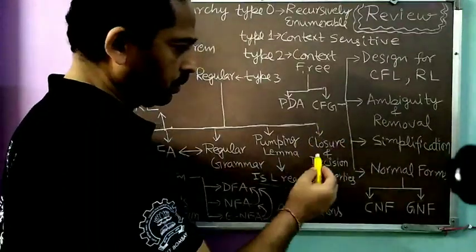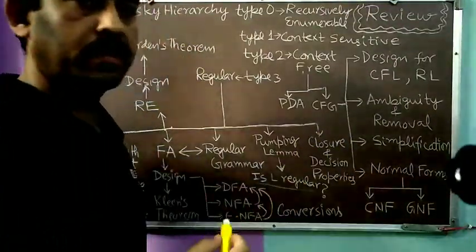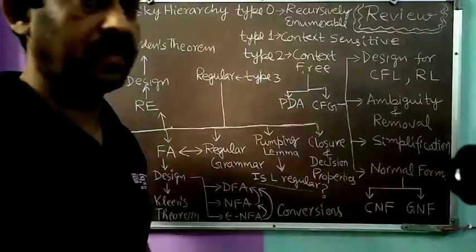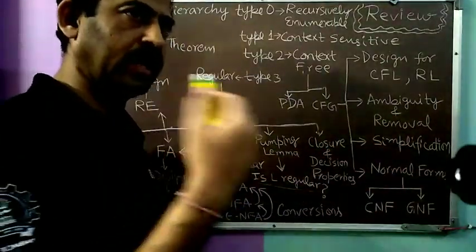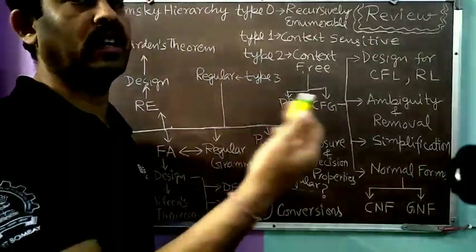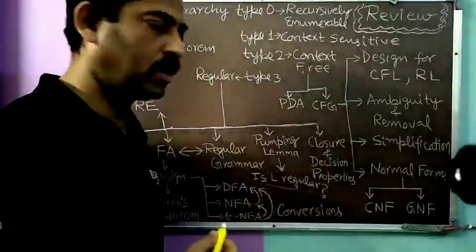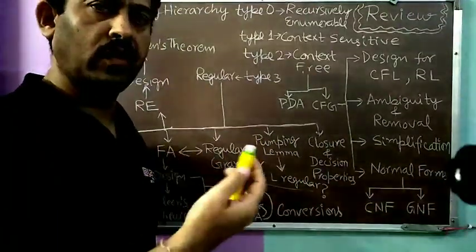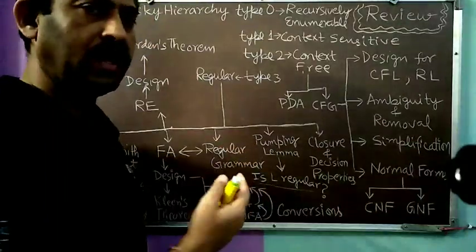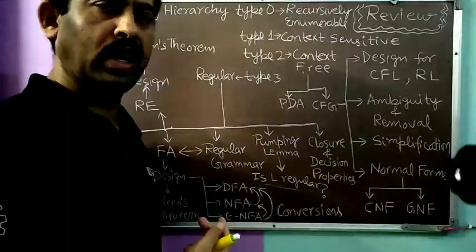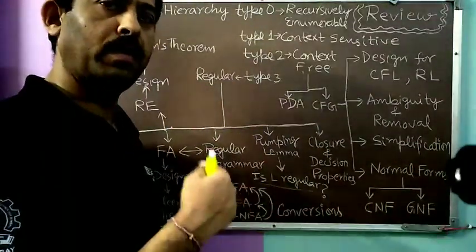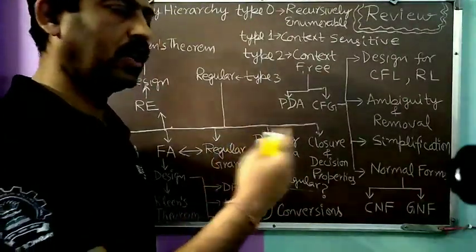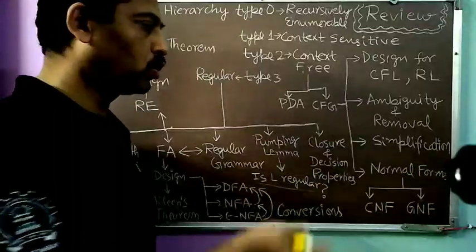Then one more important topic was the closure and decision properties of the regular languages. Closure properties ask whether the set of regular languages is closed under a given operation or not. Like, suppose under the union operation: if two regular languages are given, and we form another language by making a union of these two languages, will the resultant language also be regular or not?